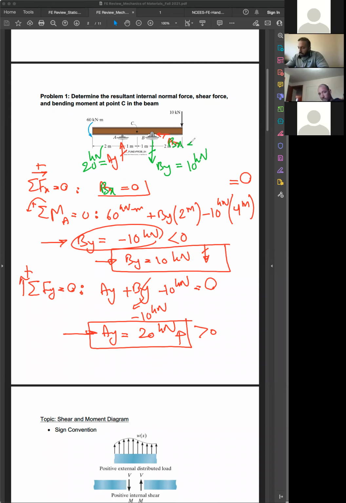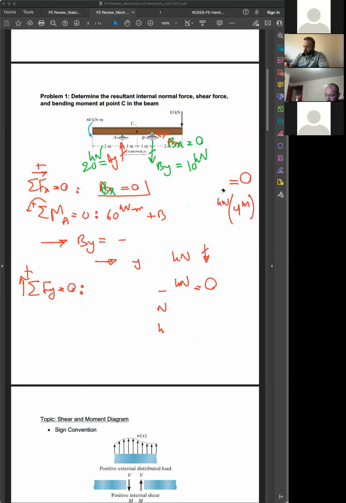This is Bx. It is 0. Everyone good for the support reactions? Okay. If you don't mind, let me erase the calculation and cut at point C.